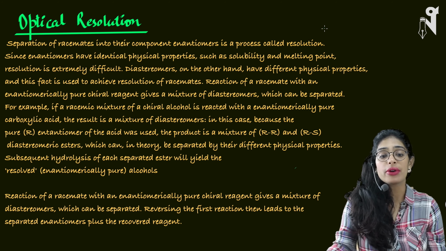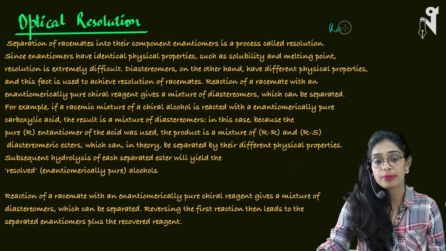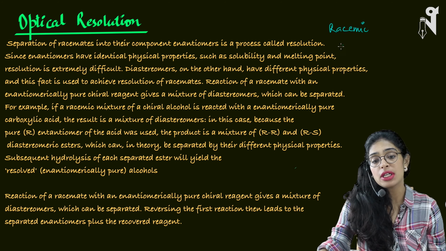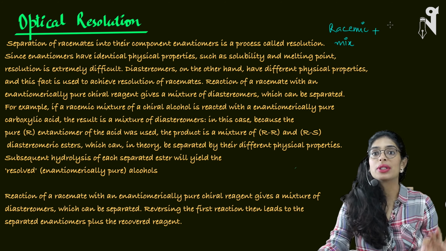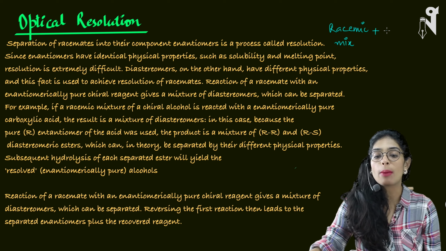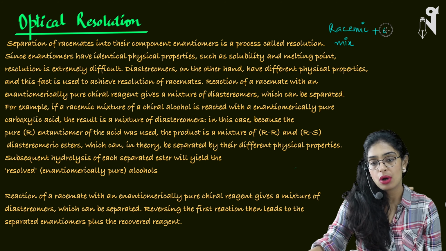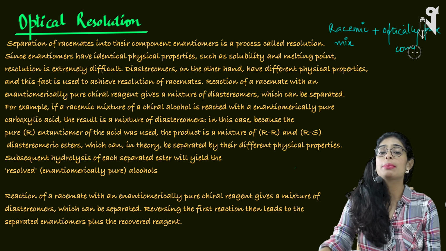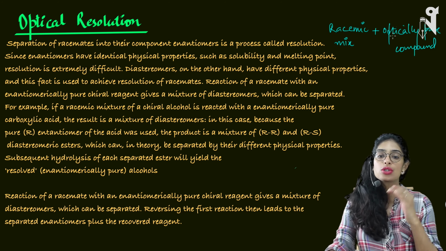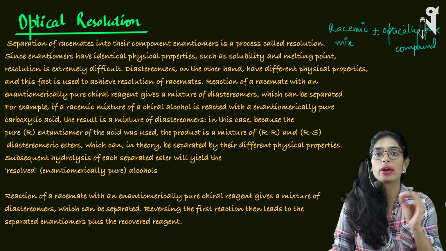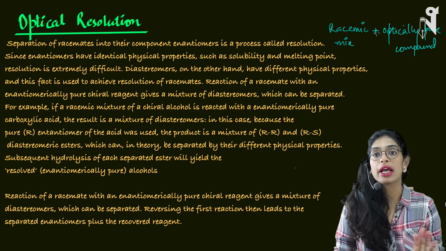We take a racemic mixture and react it with another compound which is an optically pure compound. What do we mean by optically pure? It should be either purely R or purely S. It should not have any kind of mixture.